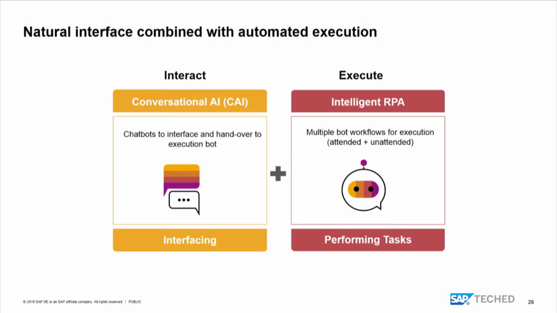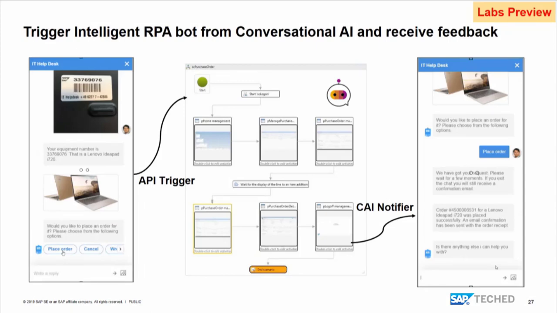Here we see the interaction of chatbots with intelligent RPA. This is a demo that we developed, and it will be available in October in the system, in the next release. We have developed some API triggers and notifiers so that you can plug external systems on the platform.